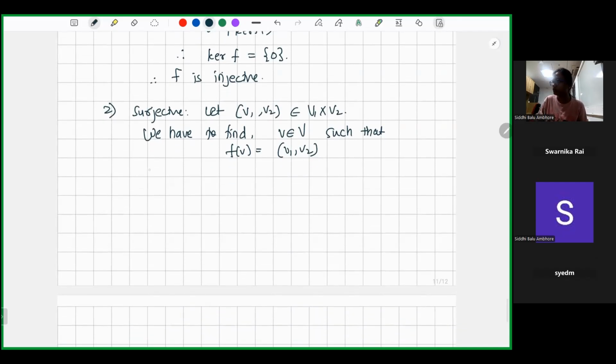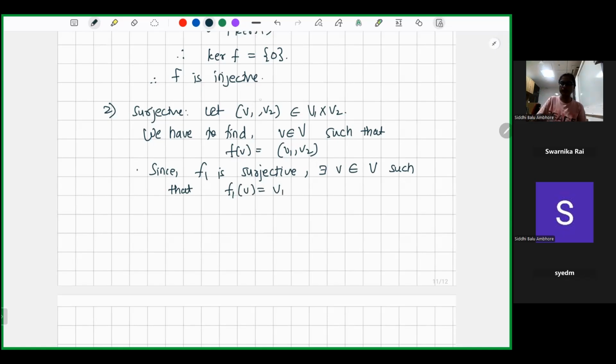Since f1 is surjective, there exists some v in V such that f1 of v is v1, right?